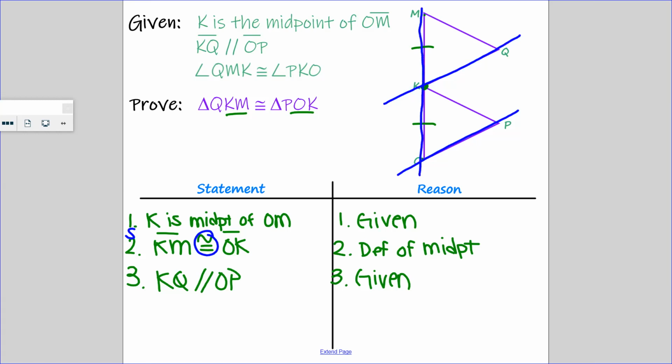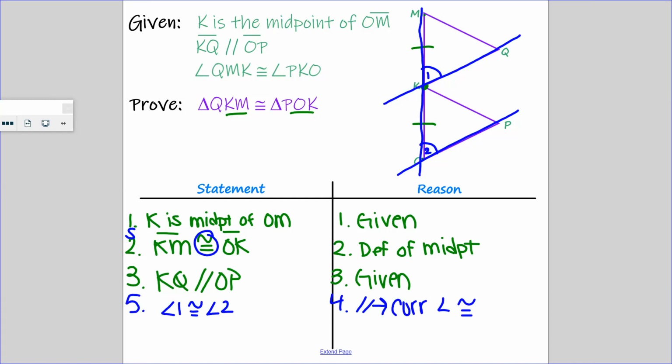Which 2 are we talking about this time? Corresponding. So those corresponding angles have to touch the parallel line and the transversal. We're going to call those 1 and 2. So angle 1 is congruent to angle 2, because if my lines are parallel, then my corresponding angles have to be congruent.